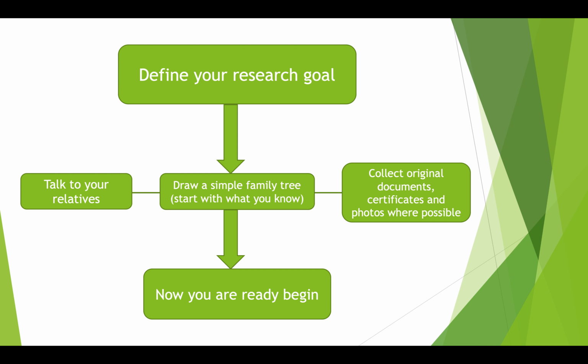Firstly, I know that most of you probably haven't started building a family tree just yet, which is probably why you're watching this video. But before you even start your family tree, stop and think what you are actually hoping to achieve by doing this. So define your research goal.